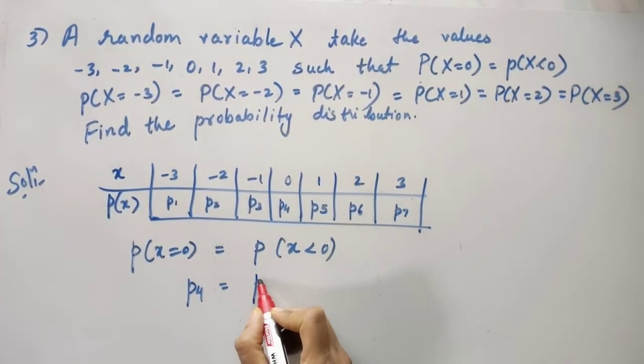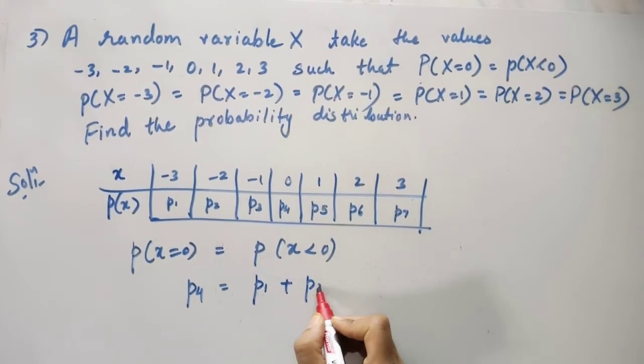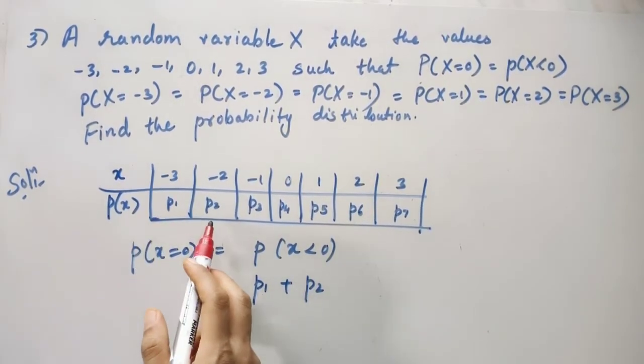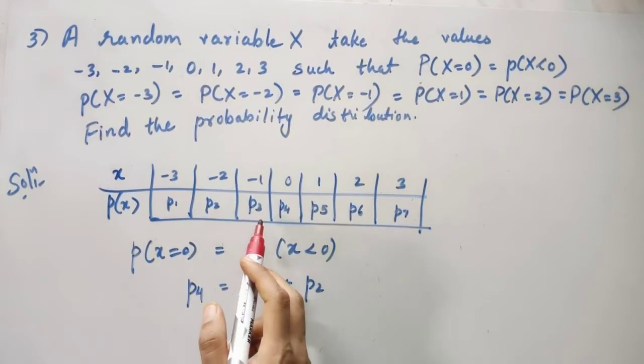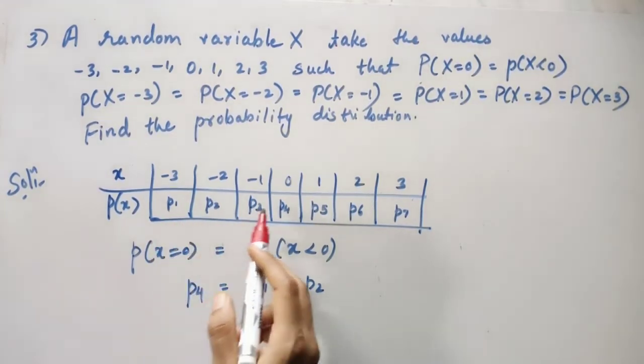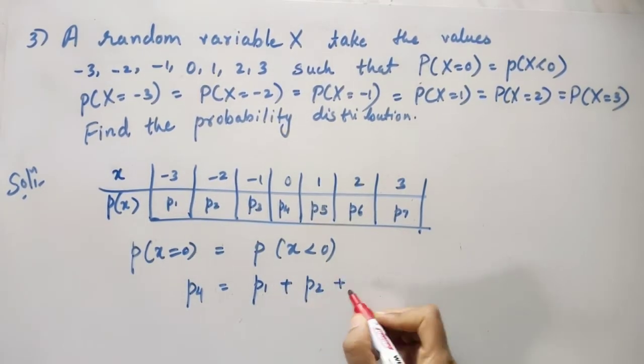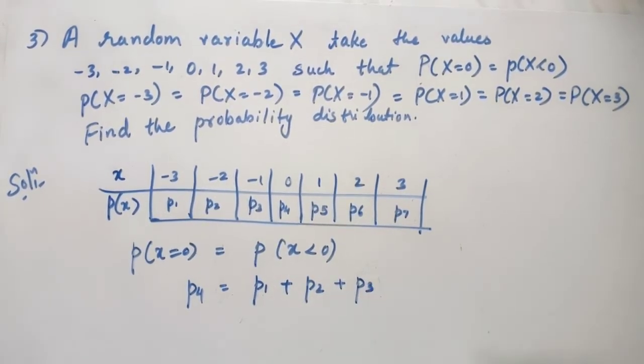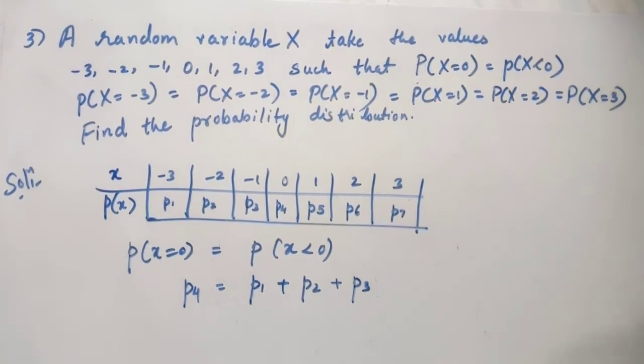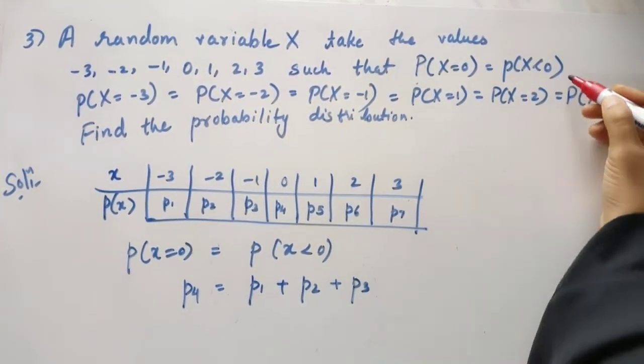So it should be p1 plus p2 plus p3, the probability when x is -3, when x is -2, and when x equals -1. These are all the values where x is less than 0, so up to p3. So this is according to this condition.